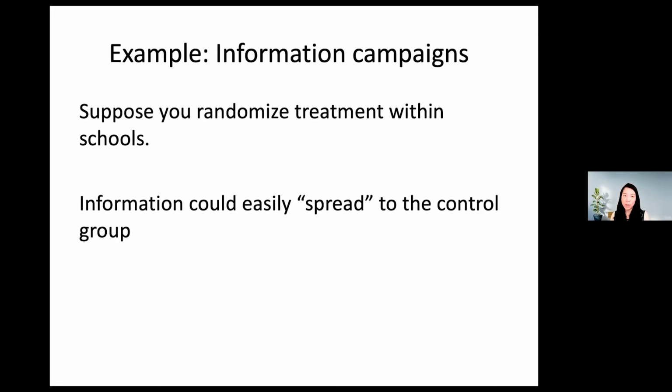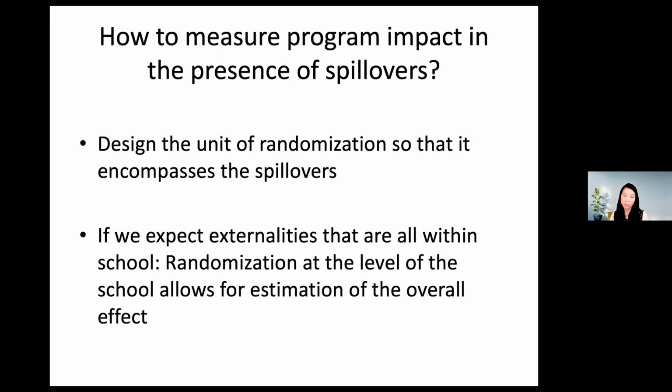This could be a problem because the students who got their glasses are sitting in the same classroom. Then the students in your control group will go back home and ask their parents to get a pair of glasses for them too. So then you have this kind of spillover, right? So you don't have a pure control group. So the information or your intervention could easily spread to the control group. So this could be a problem.